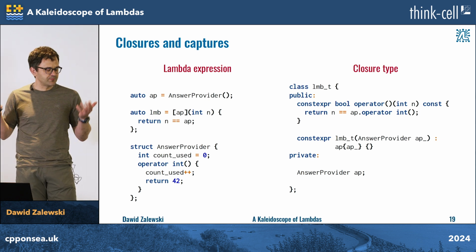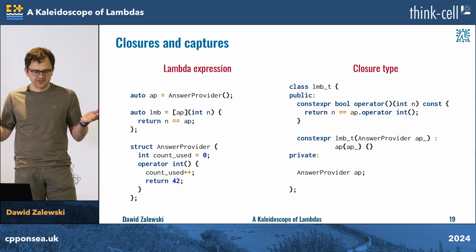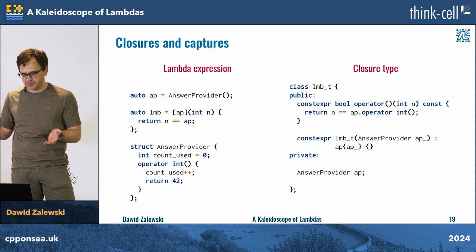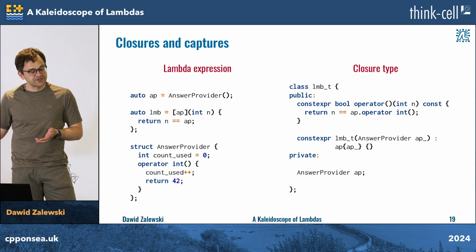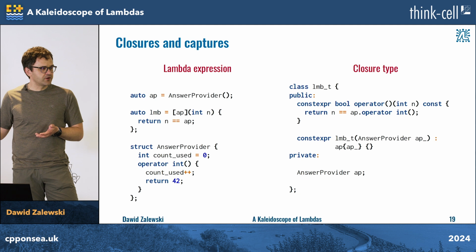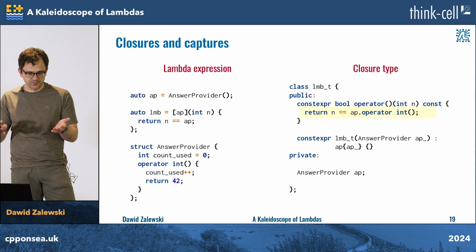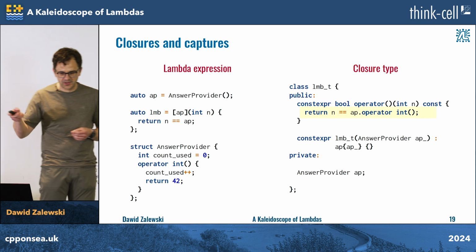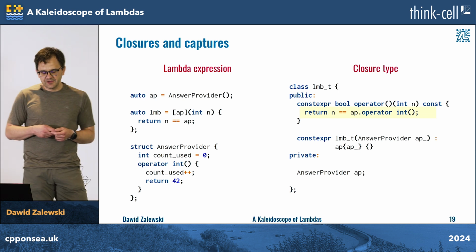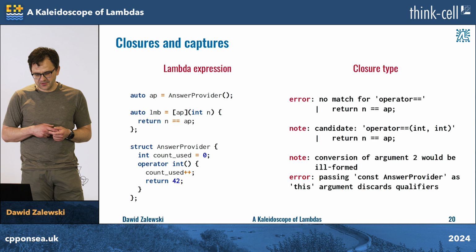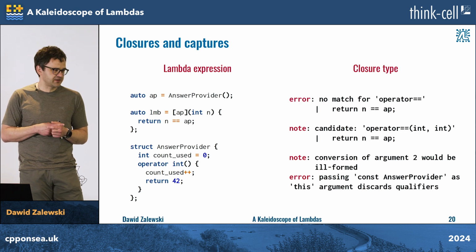There will be something that looks like a data member, answer provider, and you will be able to access it, except that this code won't compile. When you try to run it, it should basically emit this code where we call the operator int inside our function call operator. What we get instead is something like that.